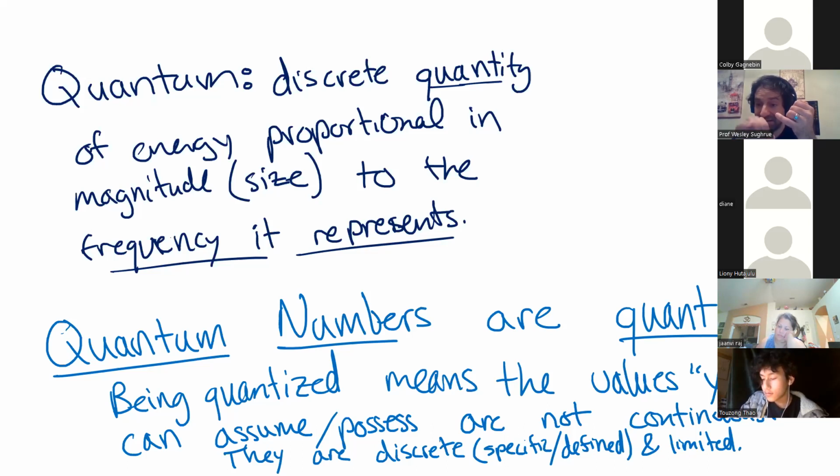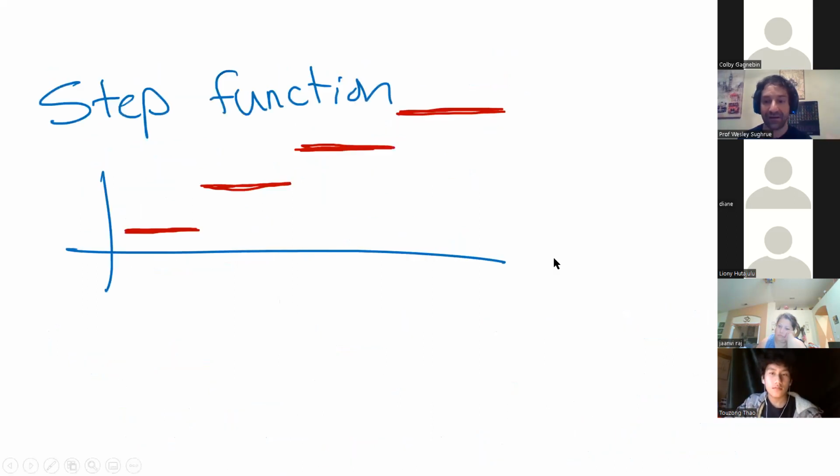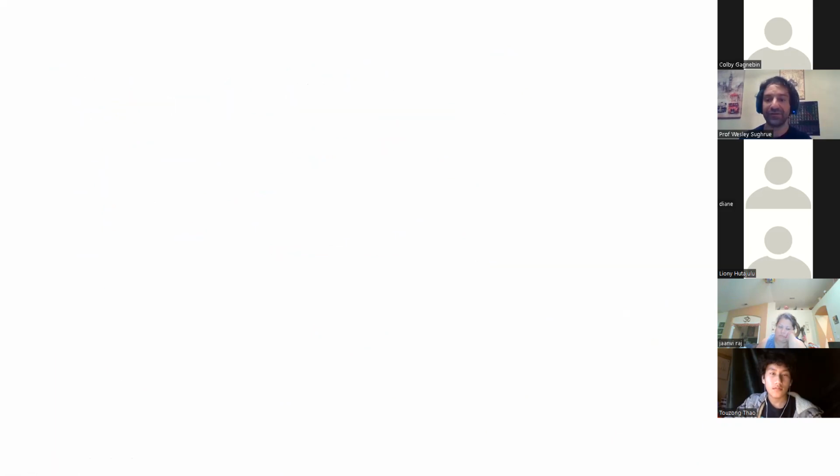But the idea is essentially, oh, actually, that's a good place to go. You know what? We're going to go to the analogy before we talk about the specifics. Let's do it that way. Okay. So let's say that we're talking about an imaginary person.